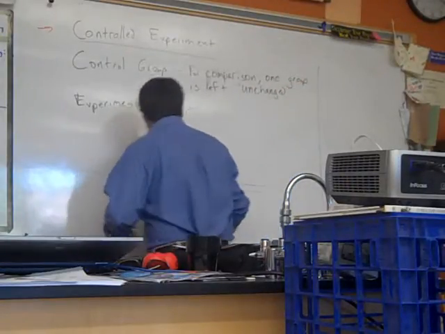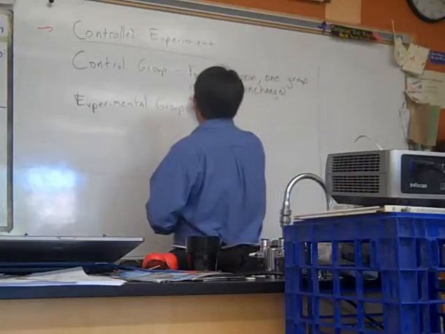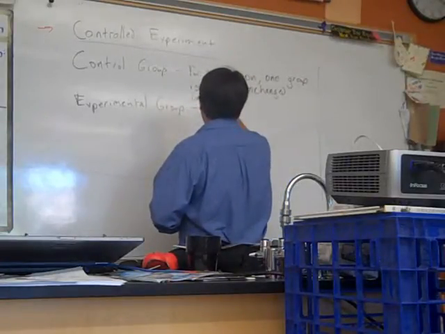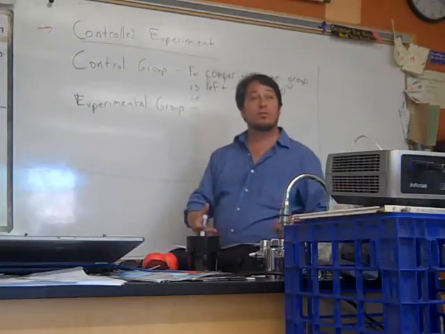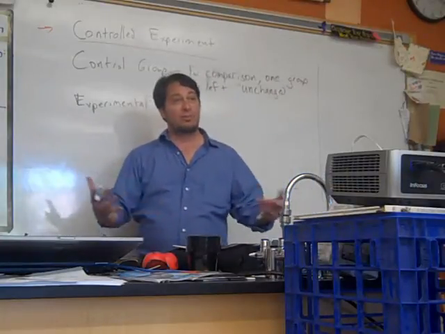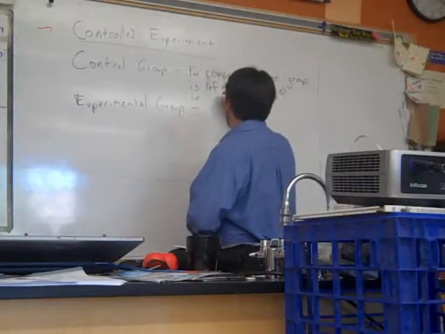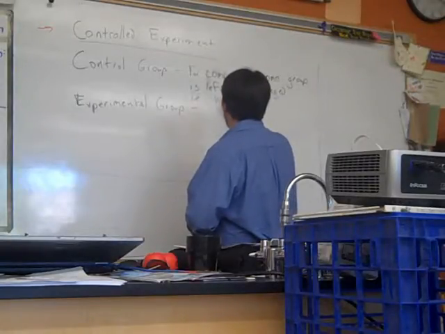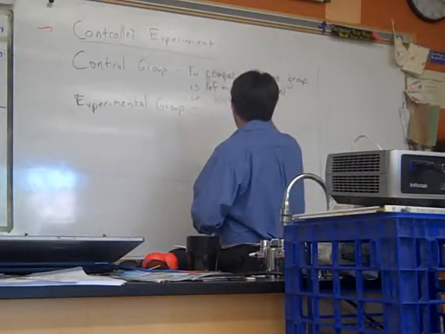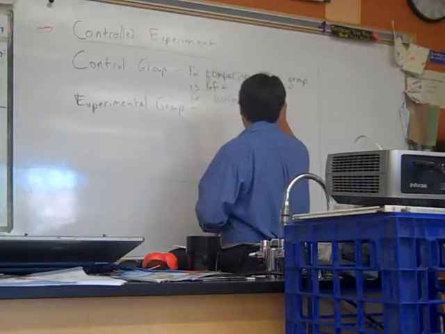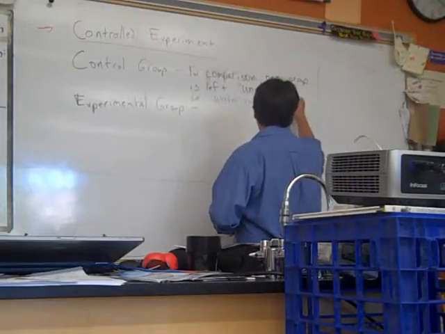And I'm going to write i.e., which means for example, for the purposes of our Monster, does it help you run faster? I.e., the control group would get water instead of Monster.